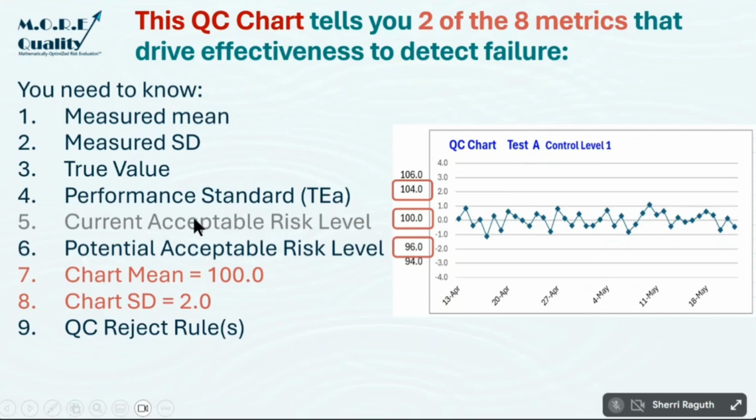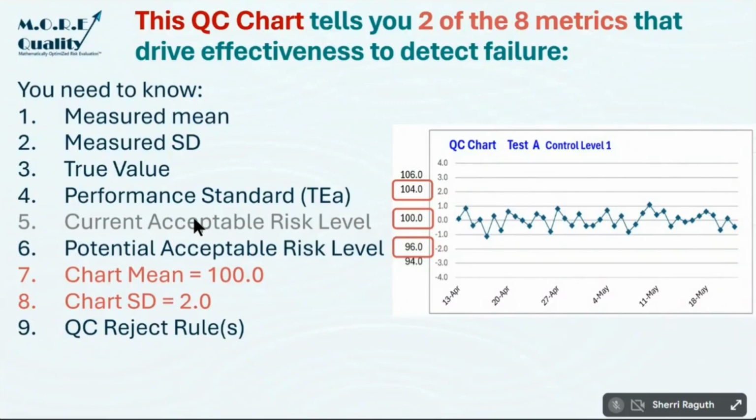Your current acceptable risk level, you might say, I want to report no more than 1 error per year. And then you would say, if that rises to 1 error per day, I want to get a QC flag immediately. Why do I say 1 error per day? Well, if there's not 1 error, it's pretty hard to detect it.